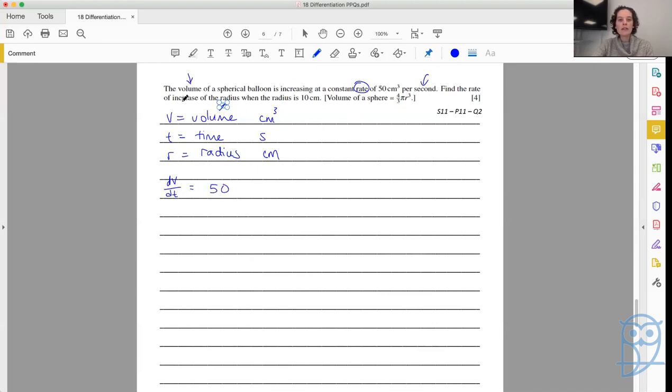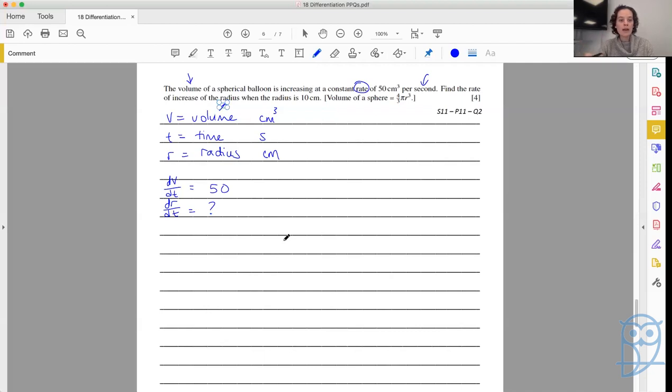Find the rate of increase of the radius. Well, that would be dr by dt equals, we don't know, that's what we're looking for. So there's always a third rate. We're usually finding one, given one, and differentiating for one.